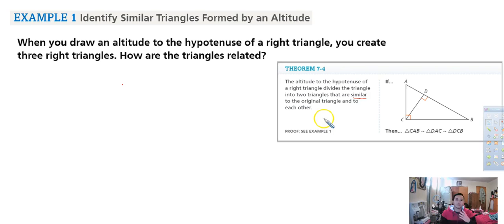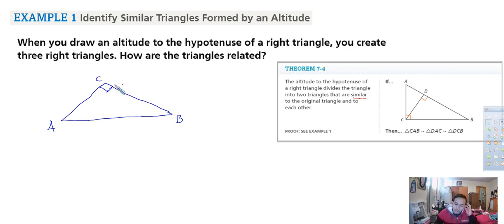So if I draw a triangle here, specifically a right triangle, let's say this is my triangle ABC, and angle C is a 90-degree angle. Recall that all right angles are congruent, because all right angles measure 90 degrees.